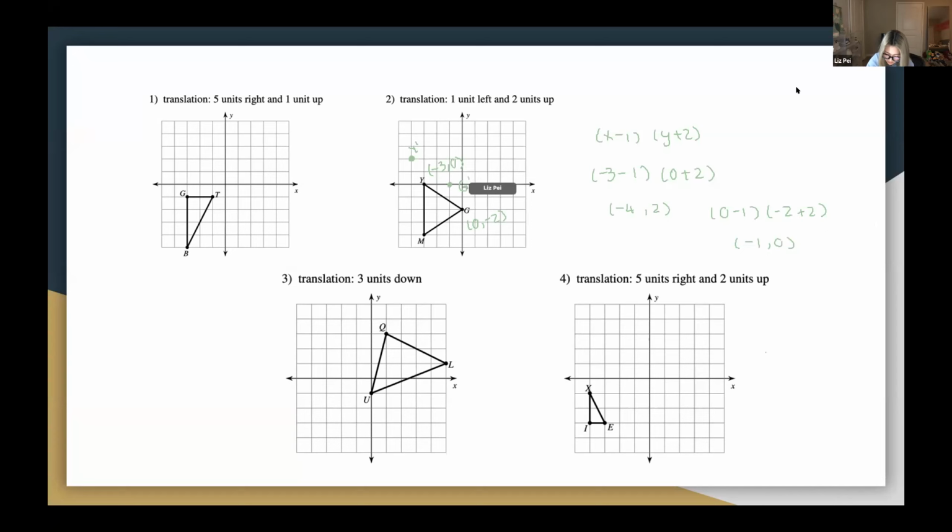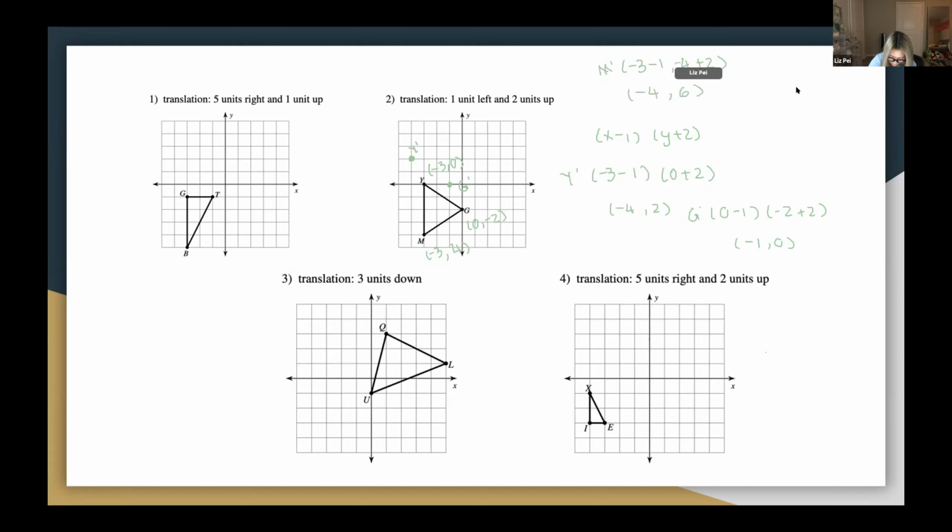And then for the last one, you have (-3, 4). And you will be getting -3 minus 1 and then 4 plus 2. And also for Y and G, I was doing incorrect notation, just so you know. It's like the correct way, like here for M. So you will get -4, 6.